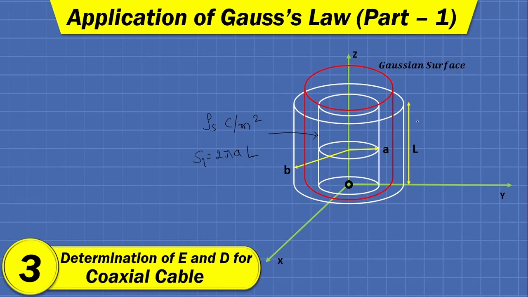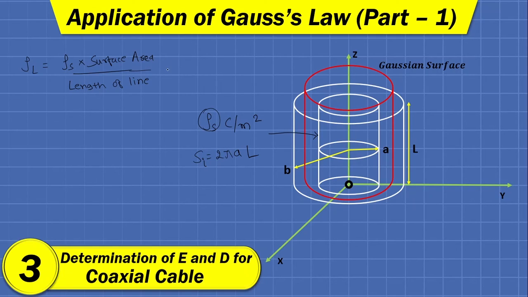Fine. And therefore the line charge density can be expressed in terms of these values. We have the surface charge density of the inner conductor, but from these available values we can define the line charge density of the cable as rho s into surface area divided by length of line. See, this manipulation is necessary because we are going to have the relation with respect to the length of the cable.